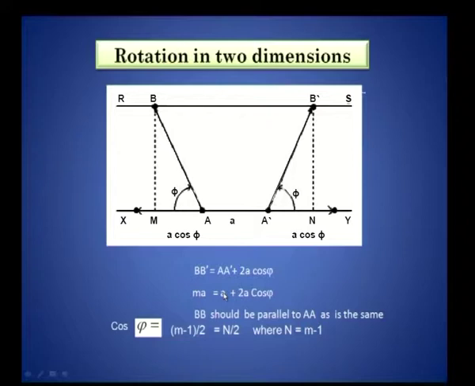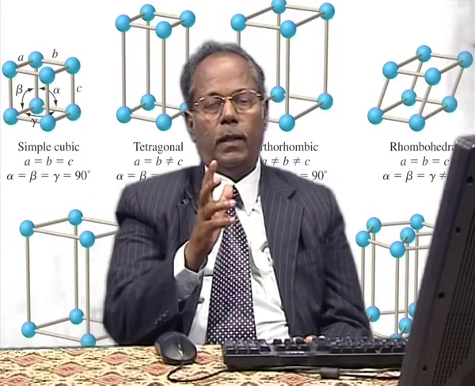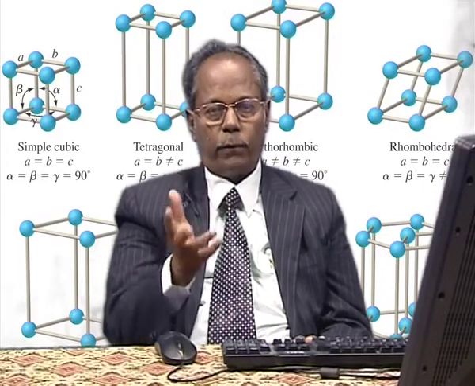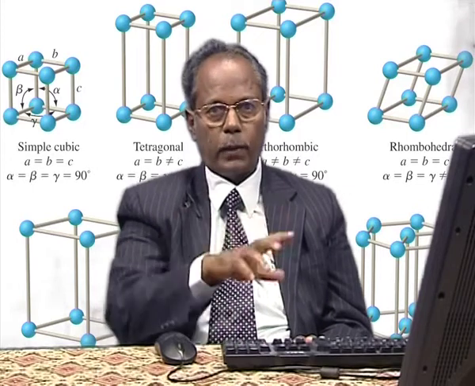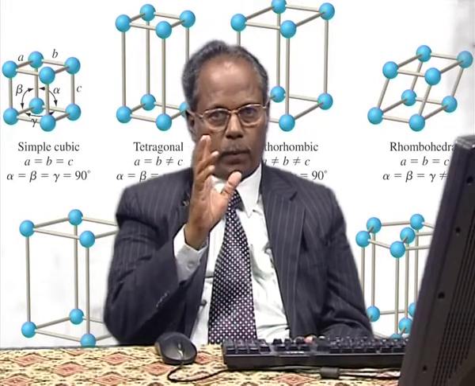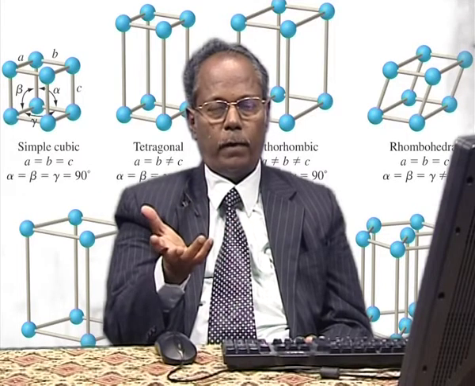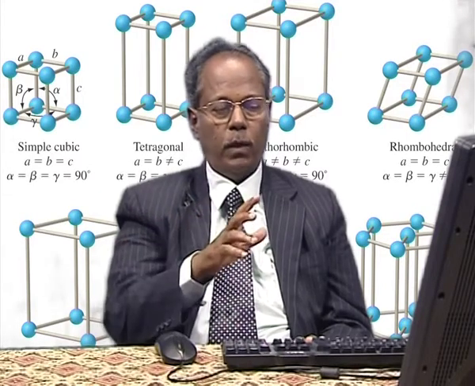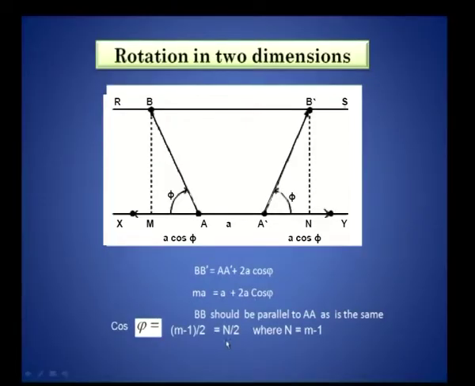What values will cos phi take? You all know that cos phi will vary from plus 1 to minus 1. The 2 points to be remembered are that cos phi will vary from plus 1 to minus 1, and n is an integer. What we have done is look at a 2-dimensional lattice, and in it we have rotated this vector through an angle phi, and we end up with B B prime.